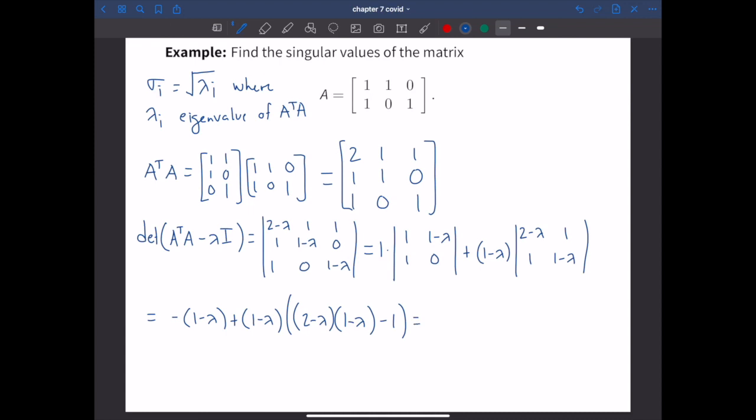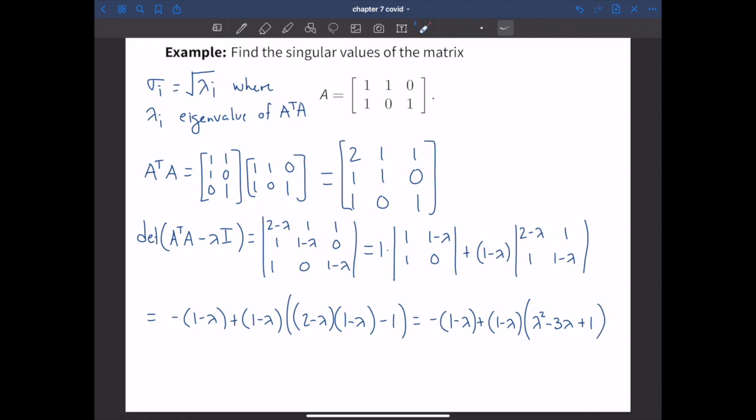So we have minus 1 minus lambda plus 1 minus lambda, and inside these parentheses we get lambda squared minus 3 lambda plus 1, plus 2 minus 1 is plus 1, I believe.